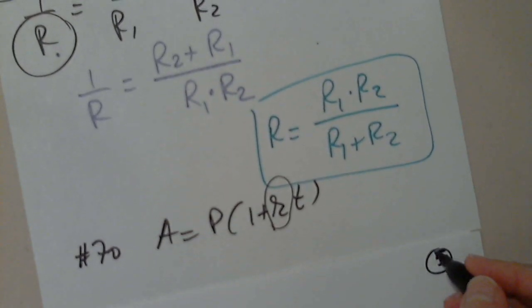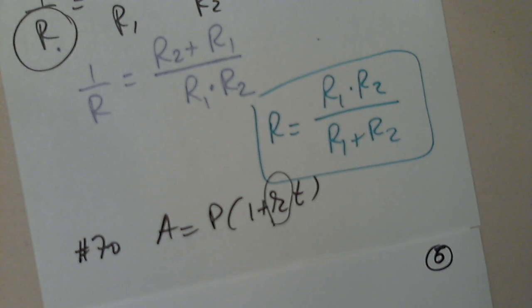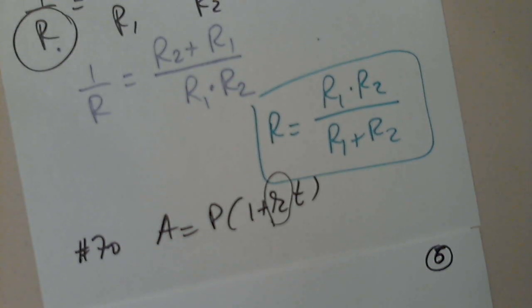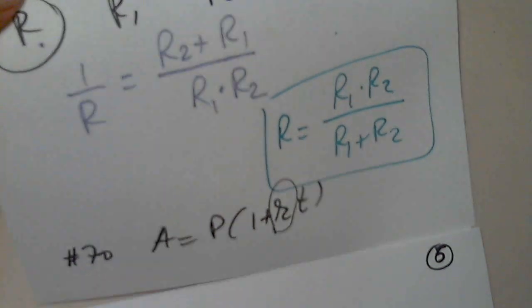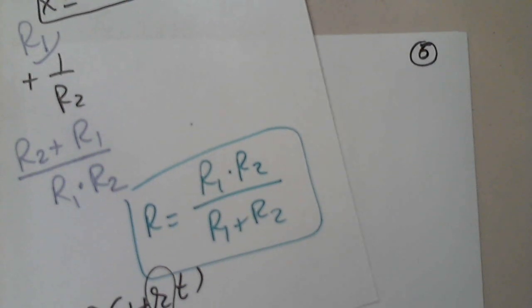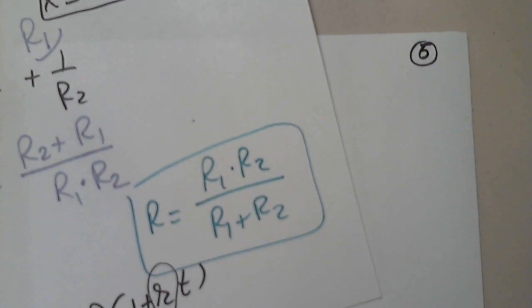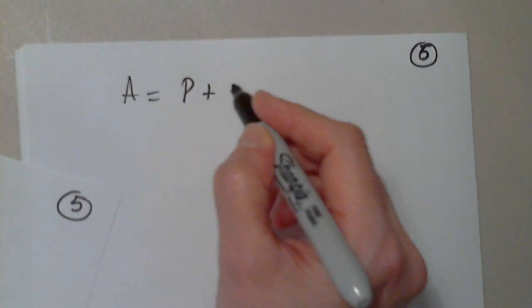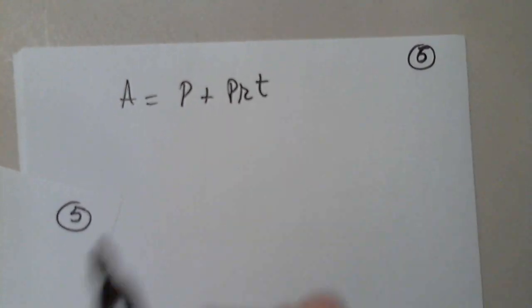No, this is 6, sorry. Okay, so how do I proceed to solve for R? What do I have to do? What will be our first step? Distribute? Yes, of course. Thank you. P plus PRT.